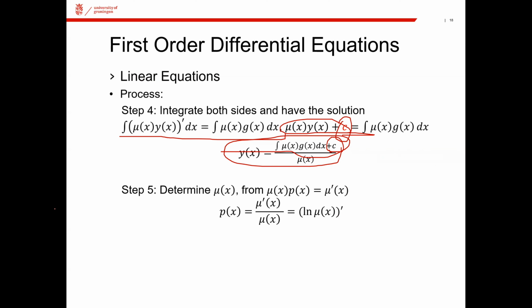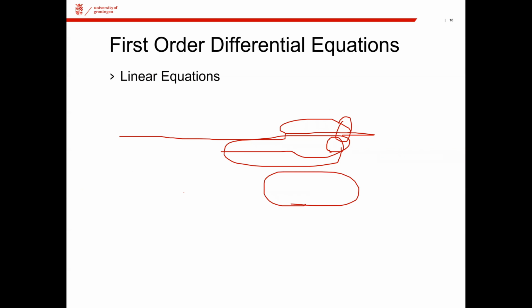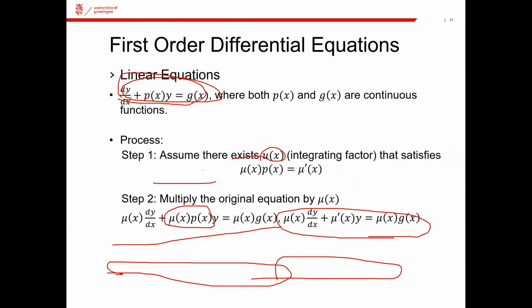And then the fifth step is to determine the mu x. From this condition, that is from the first step, we assume that mu x times p x equals the derivative of mu.